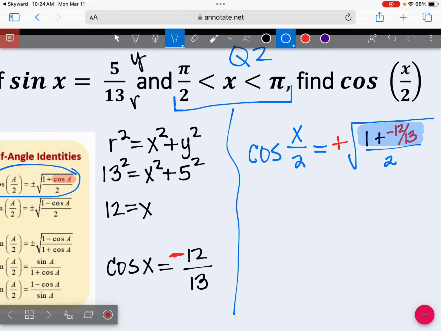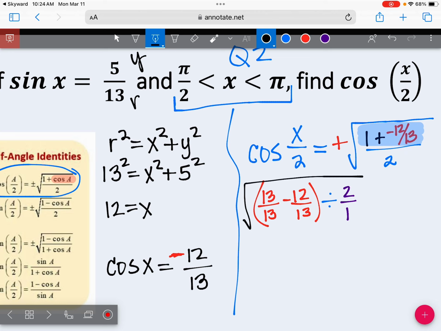Let's figure out what is 1 plus negative 12 over 13. And of course, I'm going to write that with a common denominator. So I would have 13 over 13 minus 12 over 13. This is my numerator. And I'm dividing this by 2 over 1.